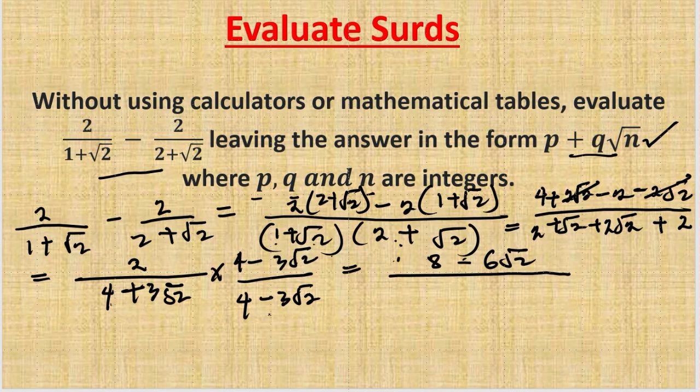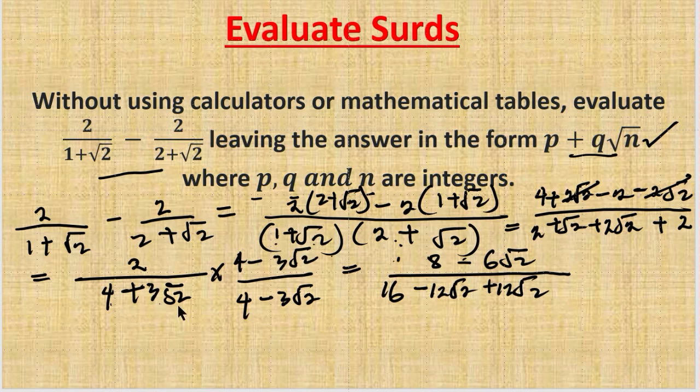Now 4 times 4 again, that's 16. And 4 times minus 3 root 2, that's minus 12 root 2. Plus 3 root 2 times 4, that's plus 12 root 2.